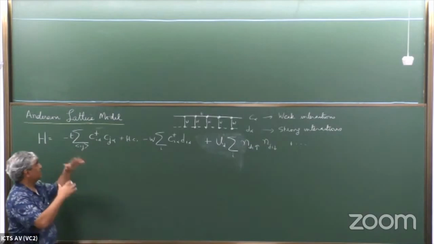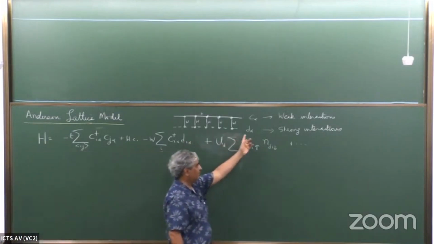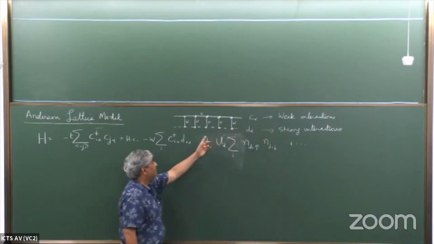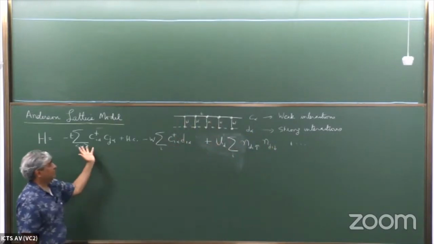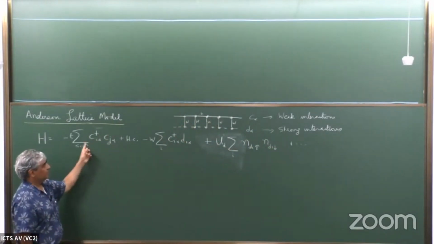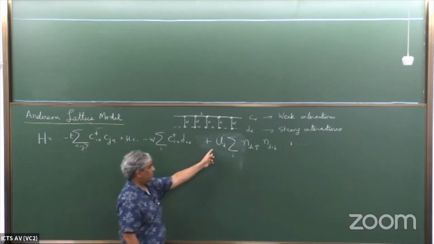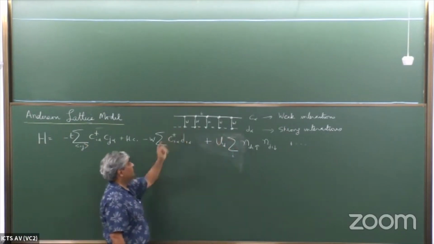So that's the general class of models we're considering, where there are strong correlations and strong interactions in one band, but not in the other. Here's a simple general model that you can imagine. You have the mobile electrons on the weakly correlated bands. Then you have the strong repulsion U_D on the D sites of this band.